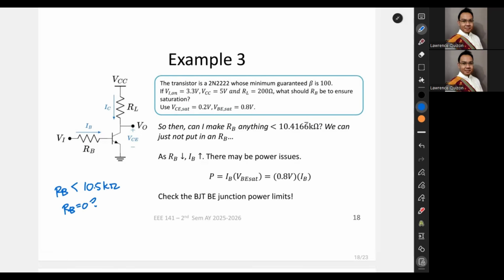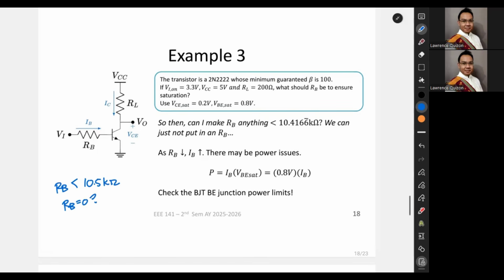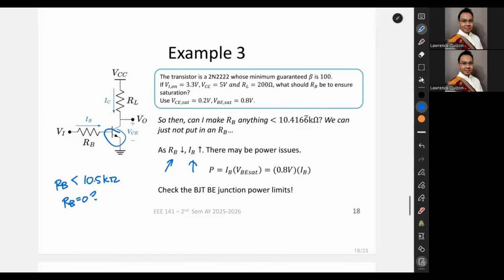Well, remember, if we reduce the resistor values, the problem is the current might increase, and it does here. As RB decreases, IB increases because they're inversely proportional in this circuit. So the power at the BE junction becomes IB times VB isat, which is 0.8 times IB.